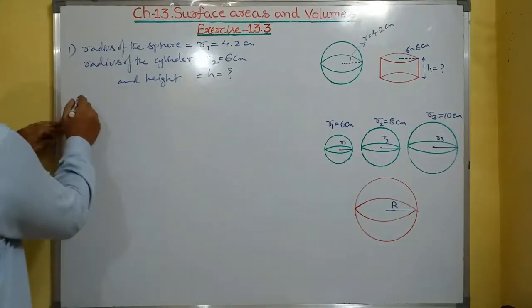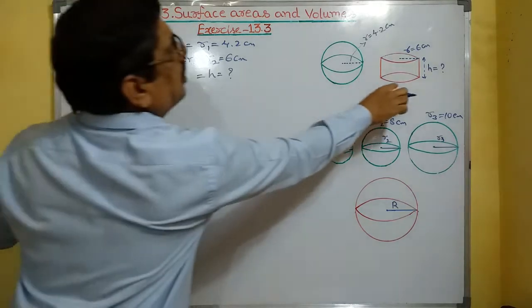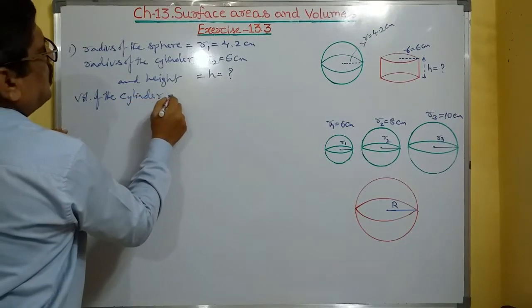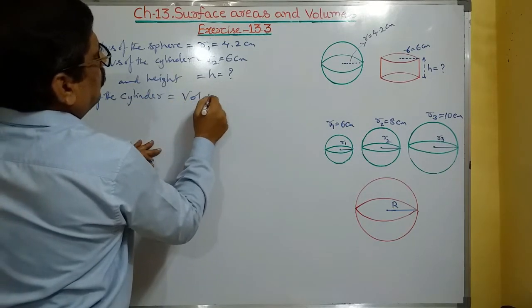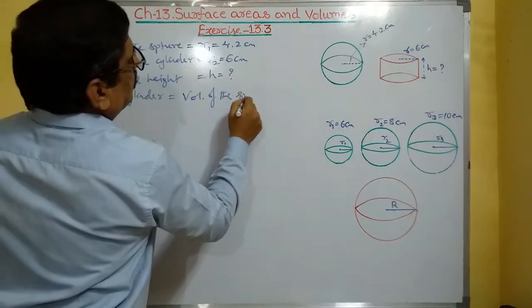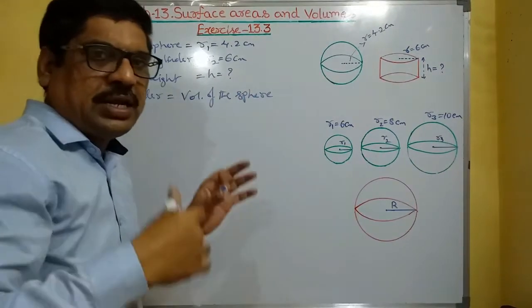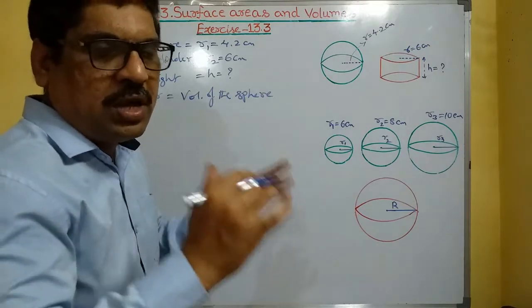Therefore, we need to take the volume of the cylinder so formed is equal to the volume of the sphere. You remember this? Whenever we melt something and recast into another form, we need to take those two objects' volumes equal.